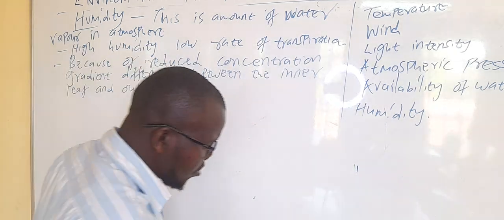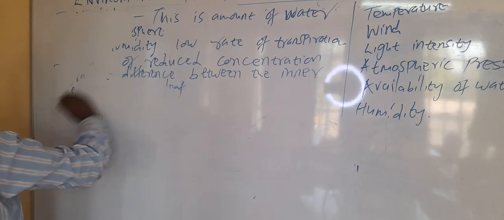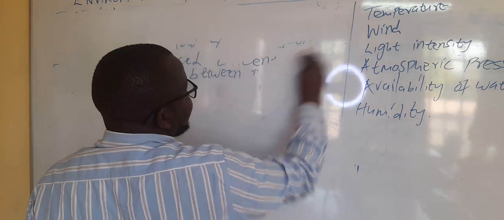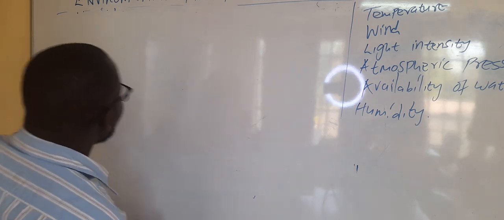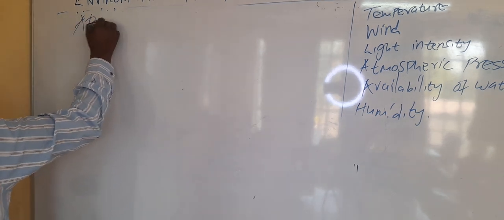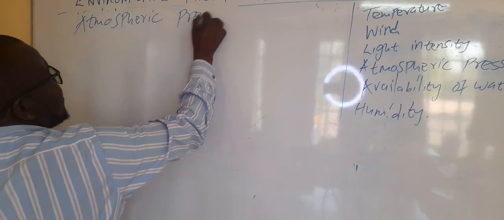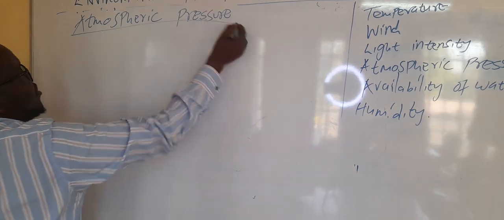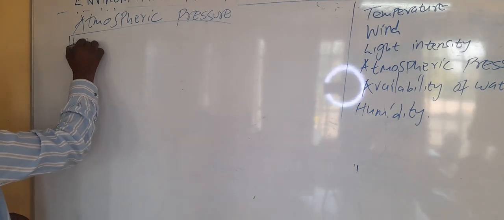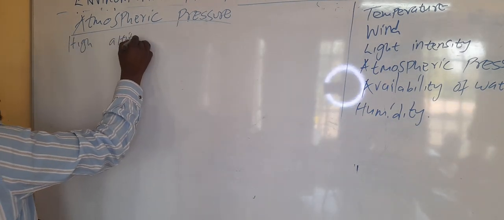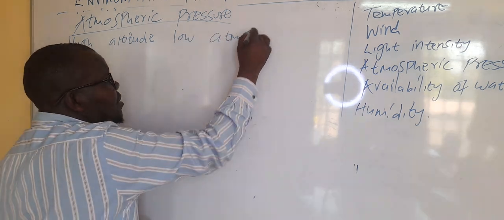Then let's check about the last, which is the atmospheric pressure. No, we have two still. Let's check first about the atmospheric what? Pressure. Atmospheric pressure. On the atmospheric pressure, can you relate with the humidity, altitude? So you speak about high altitude, low atmospheric pressure.